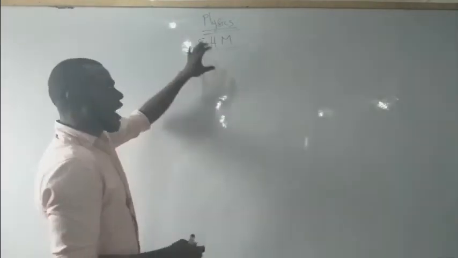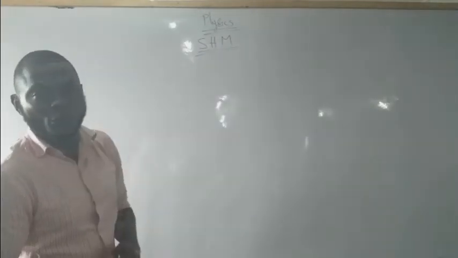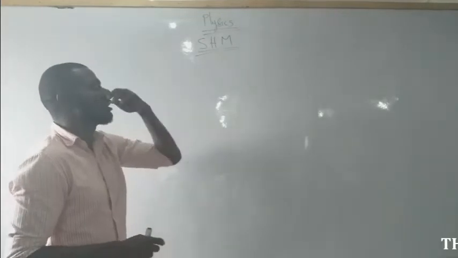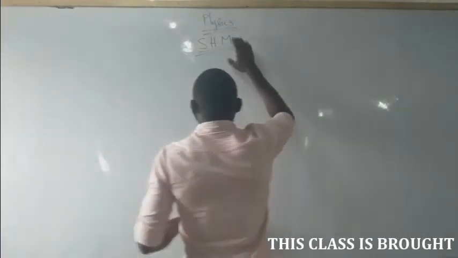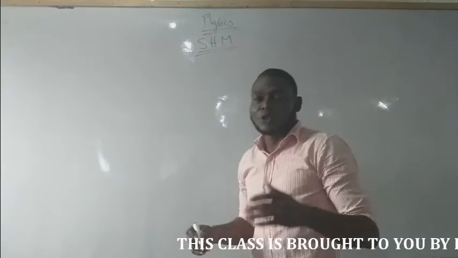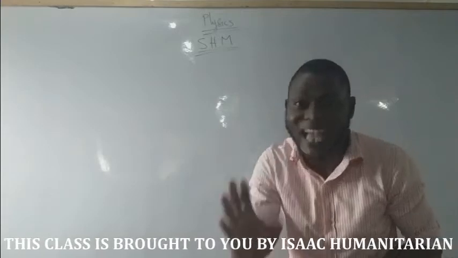So what we're looking at is simple harmonic motion, SHM. When you say motion, of course, we know what motion is. Motion has to do with change in position of a body with time.